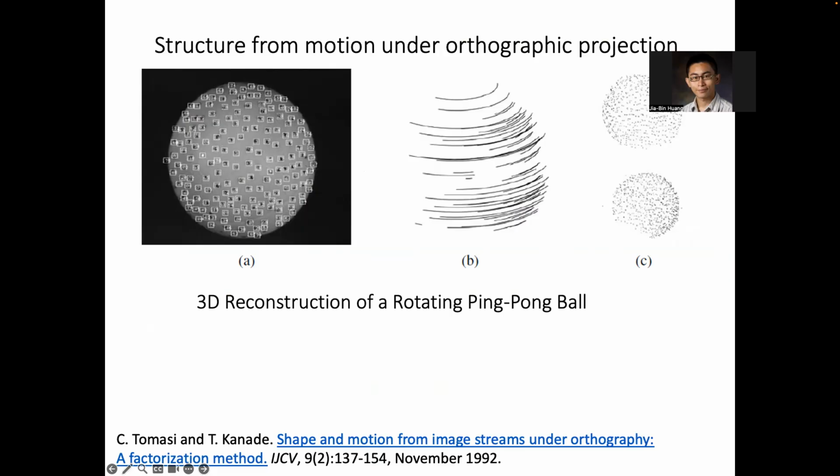The assumption is that your camera is far away from the object. Basically, you have a turntable here and a camera here, and you capture this object from multiple views. So it's under orthographic projection settings. When you have that assumption, you can simplify a lot of things.